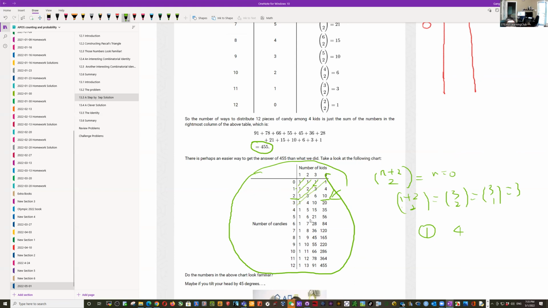So if we fill this out, if we take an observation, it looks like the way to distribute to 4 kids actually is part of the Pascal triangle numbers.